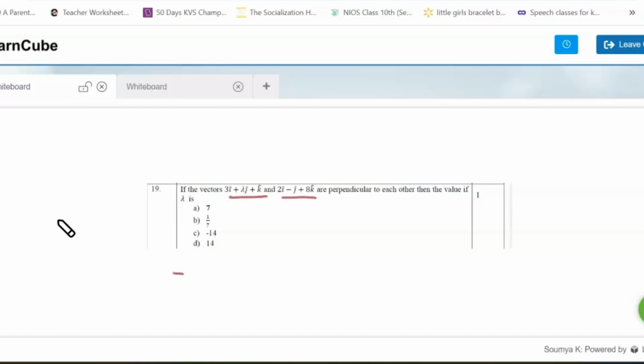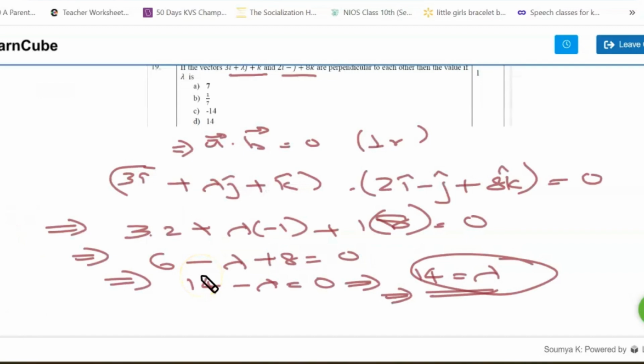If the two vectors are perpendicular, their dot product will be equal to 0. So A dot B will give you 0 in case of perpendicular. You have to remember this property. So in this case, let's write it down. So this is the dot product of both.